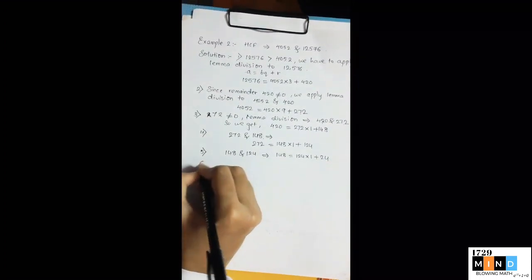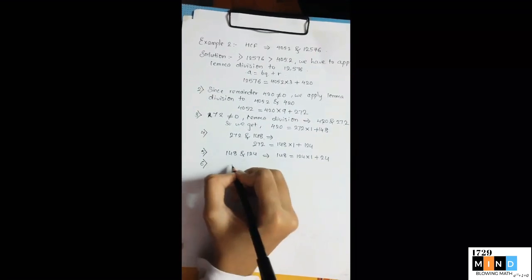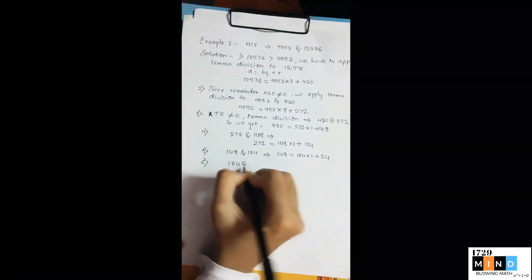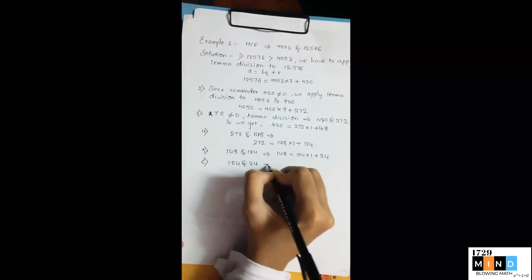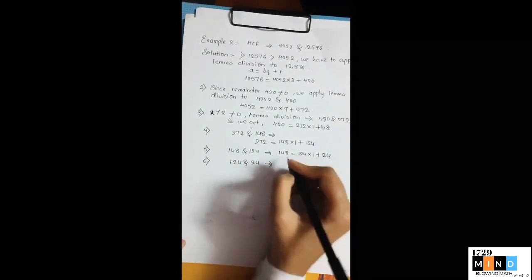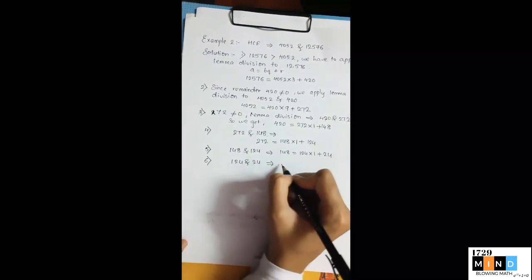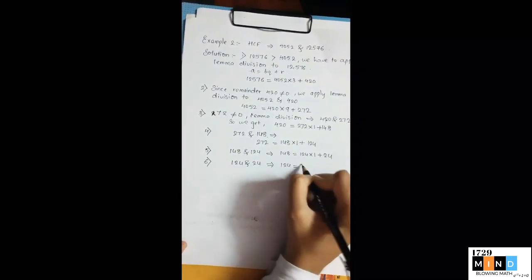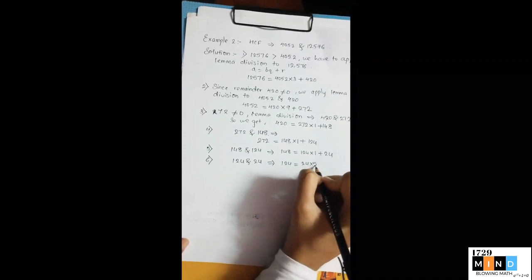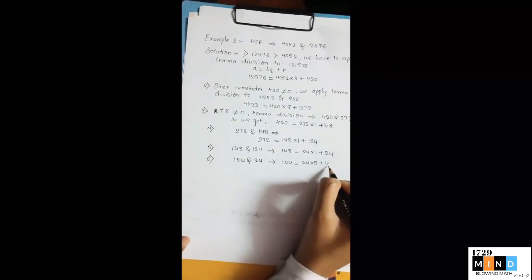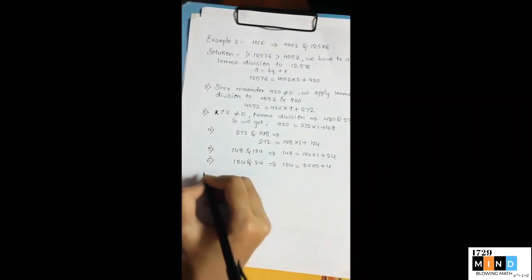Again we are not reaching 0, so we go on to the sixth step. 124 and 24 will be the dividend and divisor. Applying the lemma method, we get 124 is equal to 24 into 5 plus 4. Now we are reducing it, right? We are getting the remainder in reduced form.